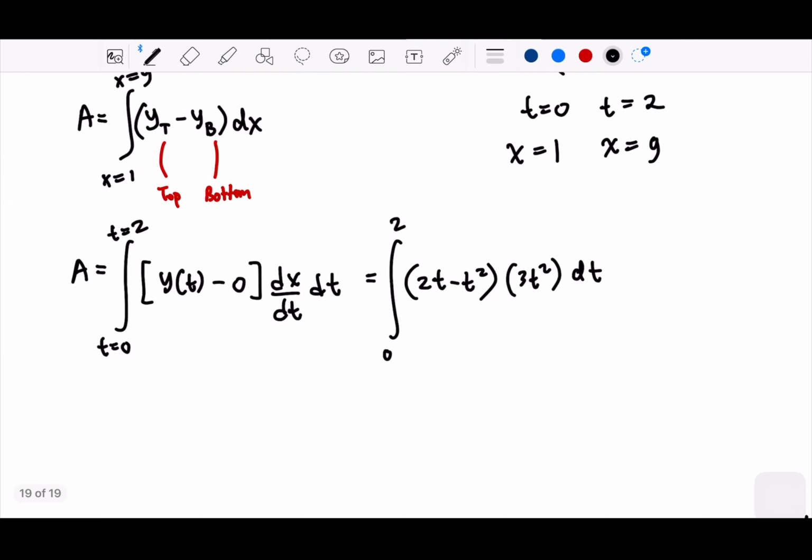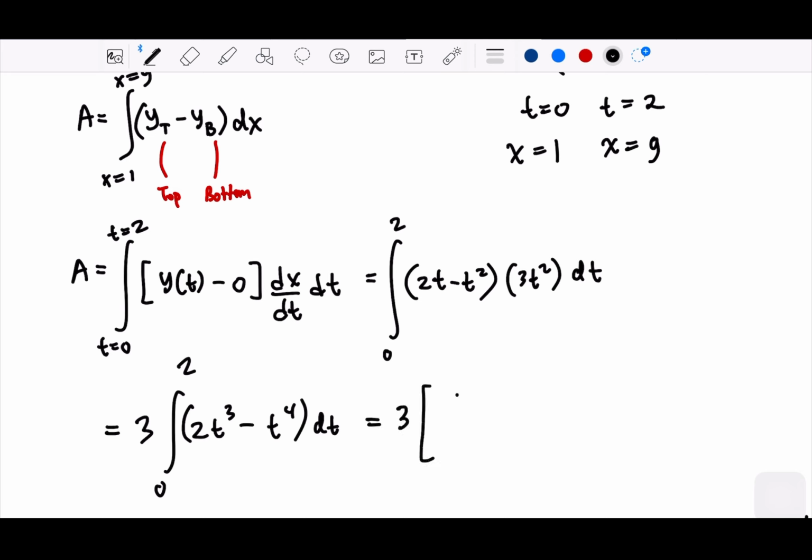Okay. I will factor out 3 and then multiply all together. 2t cubed minus t to the power of 4, dt. Now 3 multiplied with 1 over 4, but it's 2 over 4, so 1 over 2.